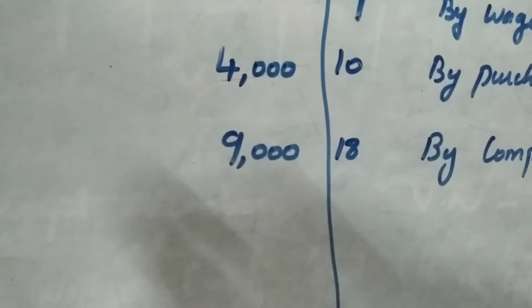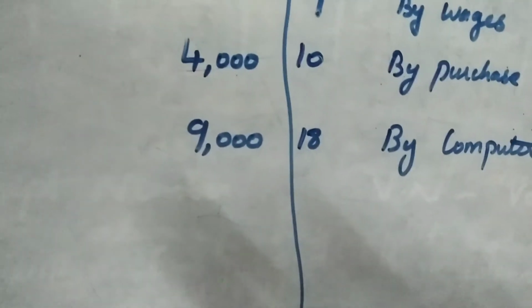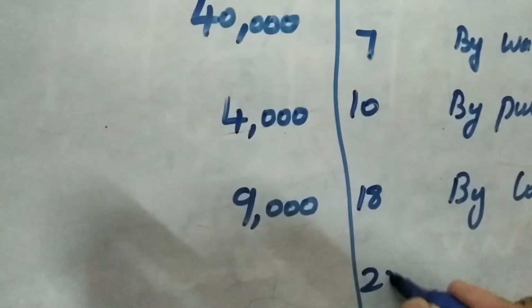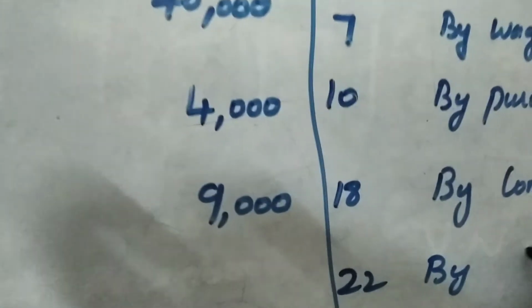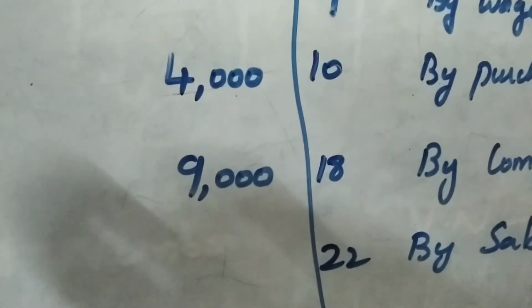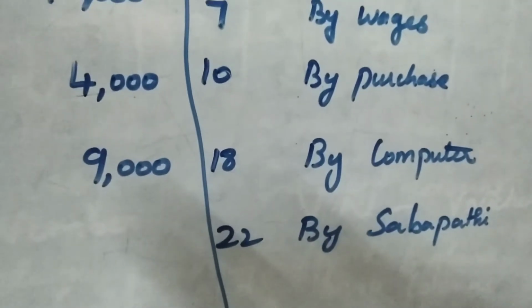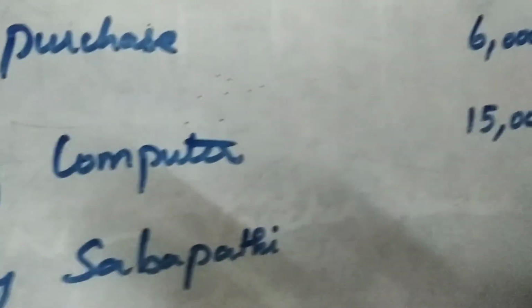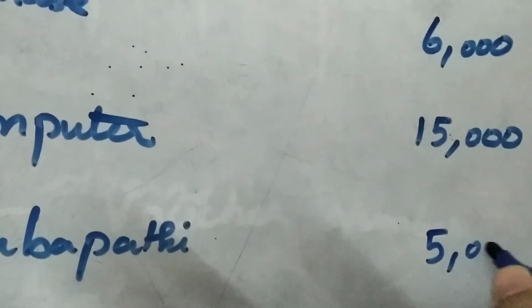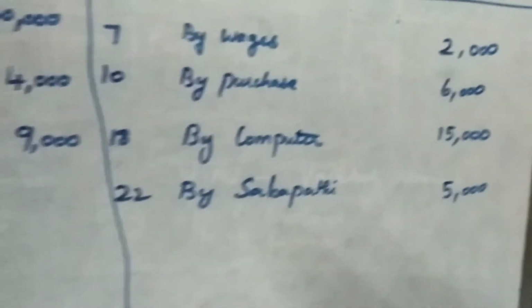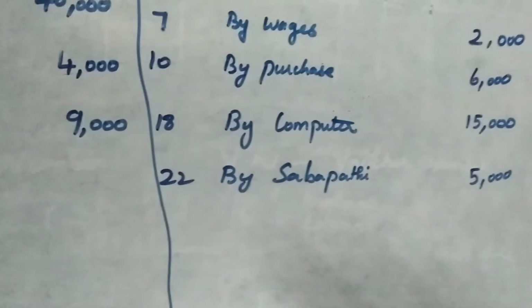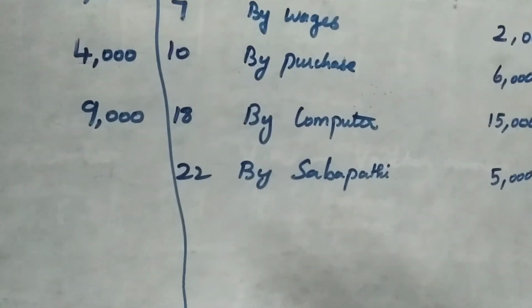Then 22nd, cash paid to Sabapati. So we are making a payment, by Sabapati. What is the amount? 5,000. Then 28th, paid salary.